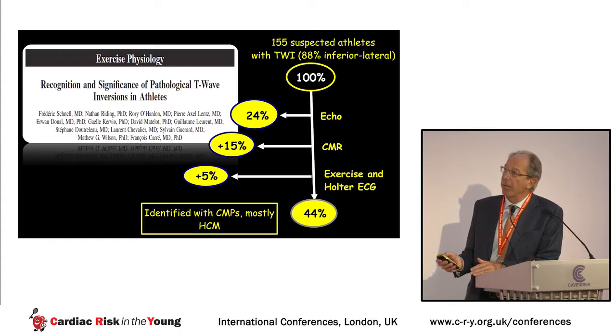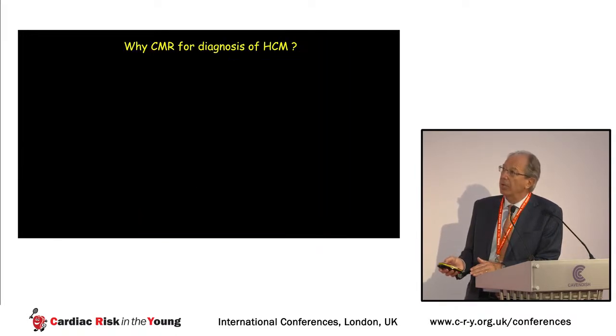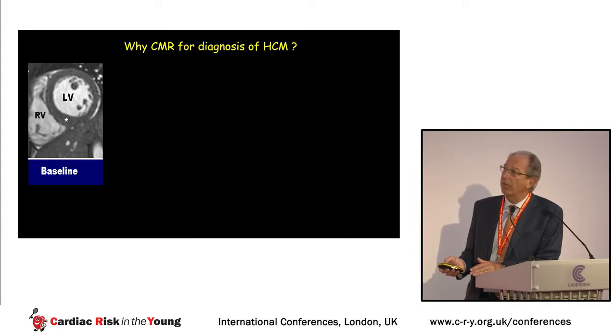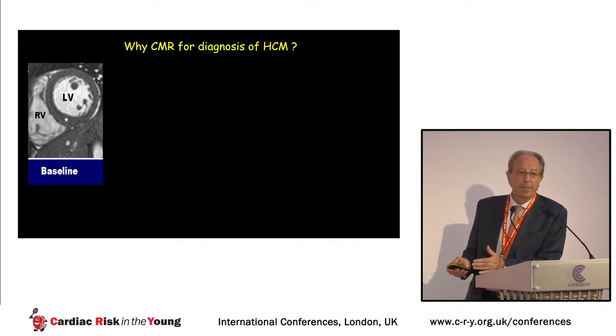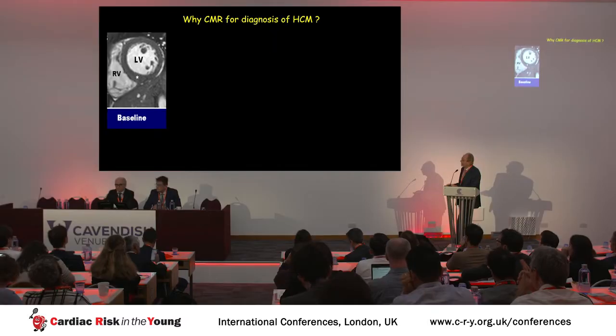Echocardiography is the first step, but it's not enough. And in most cases, you should have cardiac MRI, which has the potential to increase your diagnostic capability and give you an idea of what you are looking for. Why cardiac MRI? Someone already saw these slides, but I like these slides.